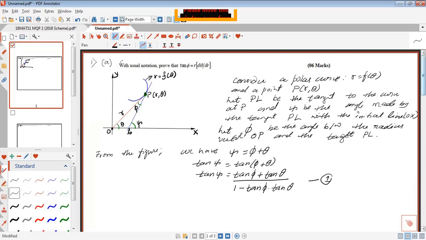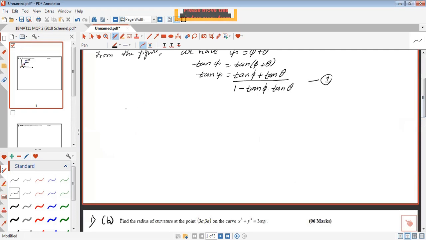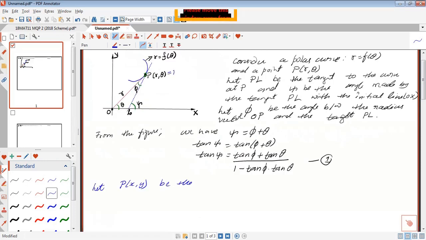Next, let P of x comma y be the Cartesian point, the same point P of r comma theta written in Cartesian form.